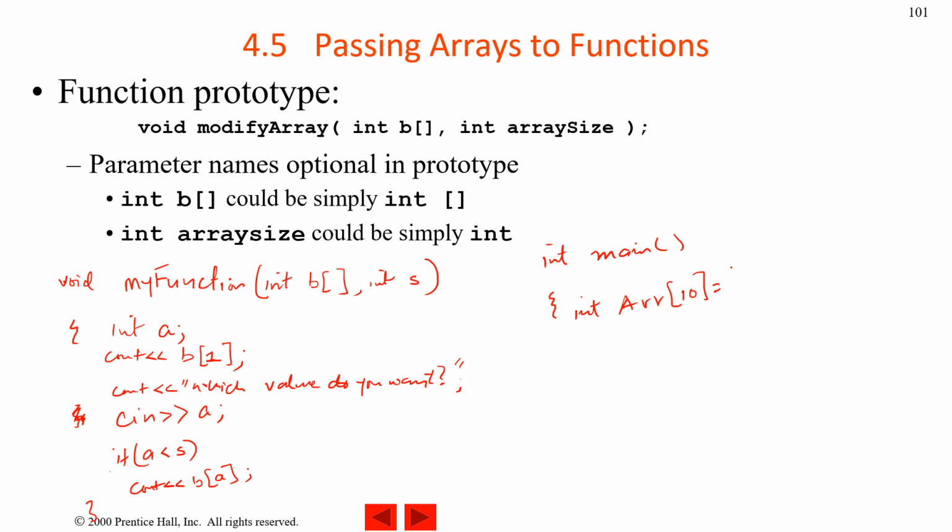When I initialize, I have to use the curly bracket, the same bracket you use for opening and closing of blocks. So maybe this is 1, 2, 3, 4, 5, 6, 7, 8, 9 and 10.